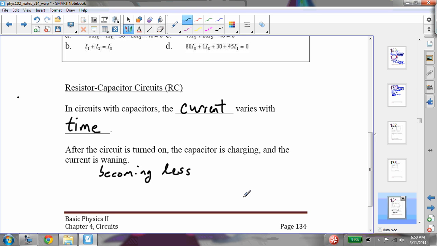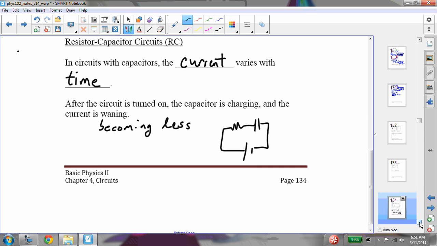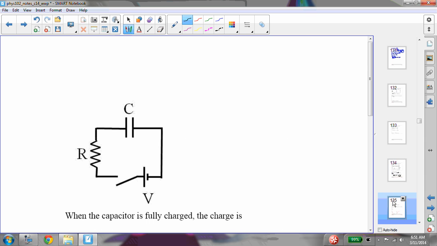So if you have an RC circuit, that is a circuit that looks like this, you initially have a very big current until that capacitor is charged, and then the current basically goes to 0 when the capacitor is charged. So you have a big current through the resistor until the capacitor is charged, and then you get a smaller and smaller current until there's no current at all.